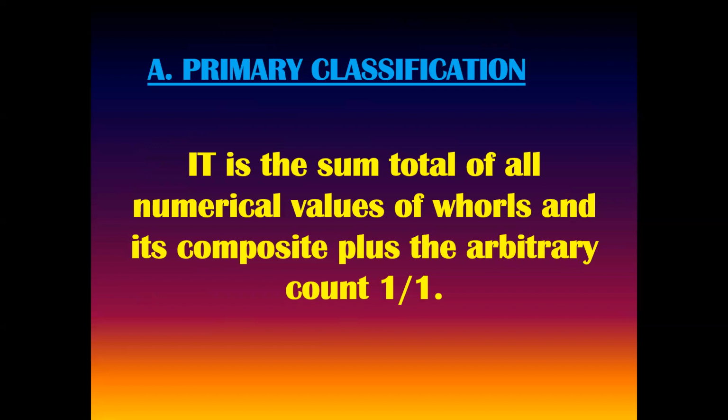So the primary classification refers to the sum total of all the numerical values of whirls in its composite plus the arbitrary count of 1/1. Speaking of this primary division, the primary division is the summation of all the values of whirl type patterns, as we have mentioned a while back, that we are going to assign a numbered value of 16, 8, 4, 2, and 1 on all our fingers, the moment that there are whirls that arrive.